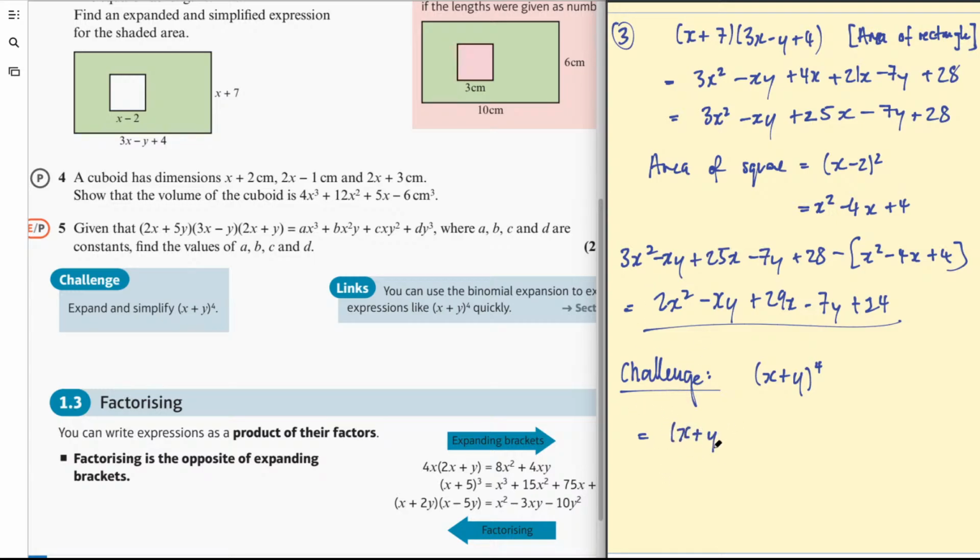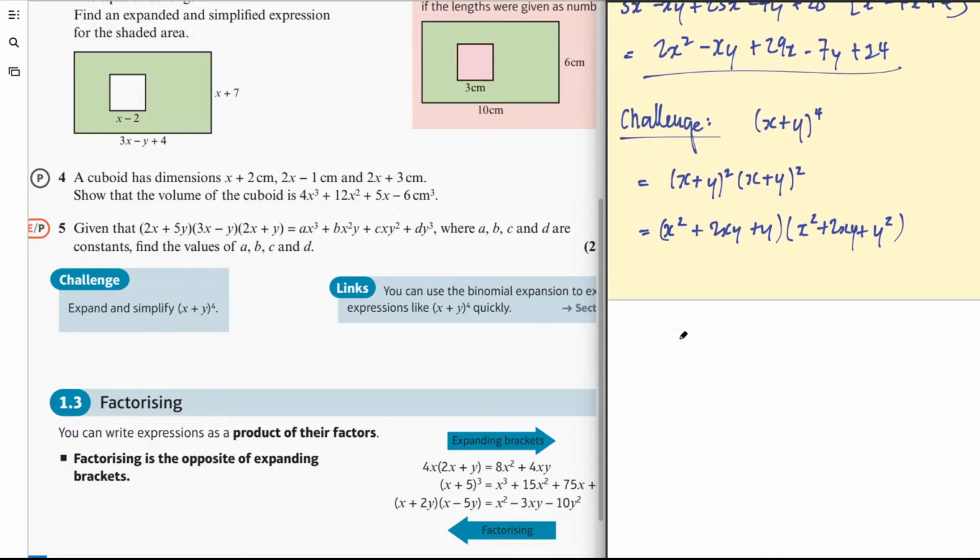Okay, so I would probably write it like this, and then expand these out: x squared plus 2xy plus y squared. You get two of these. And then you could expand those sets of brackets.